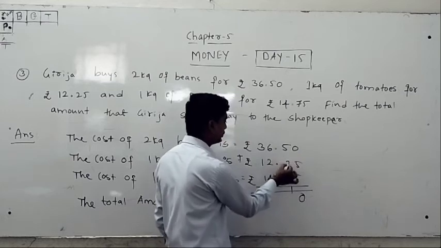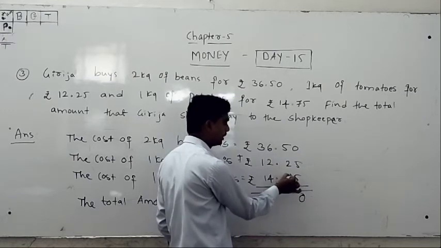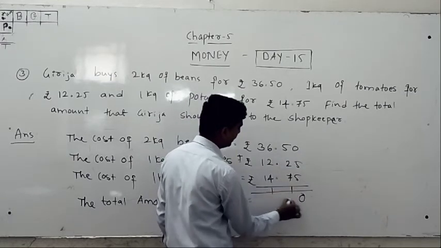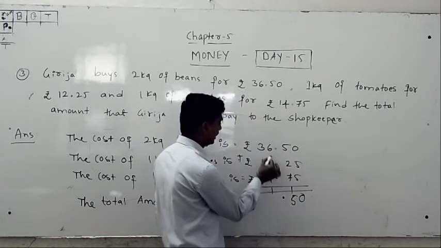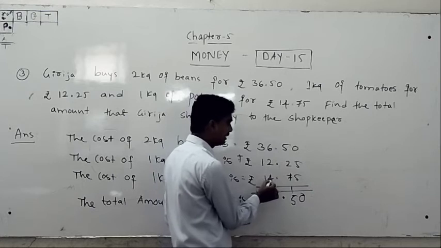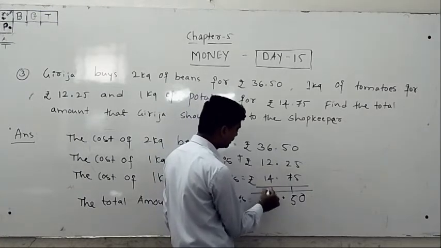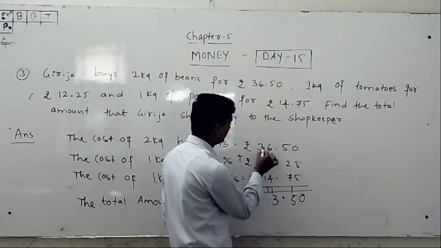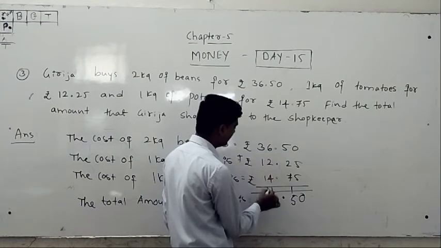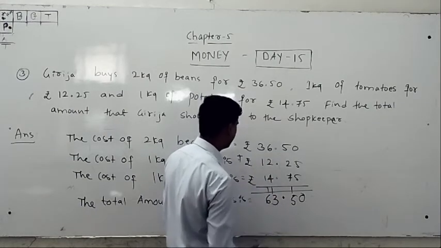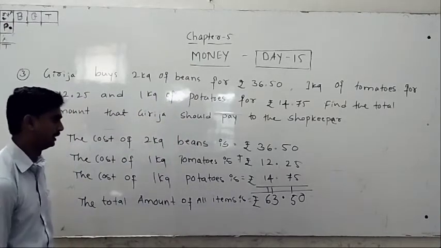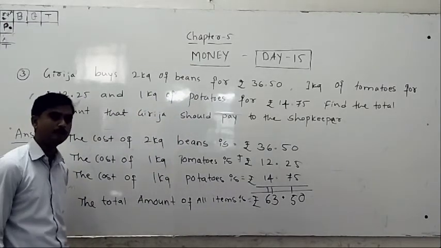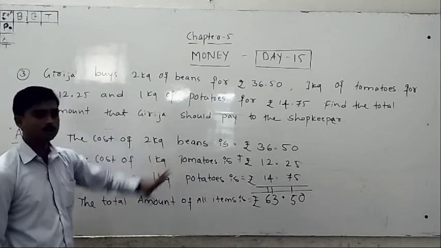Then 5 plus 2 7 plus 7 14 plus 1 15. Then point below point. Then 6 plus 4 10 plus 2 12 plus 1 13. Then 3 plus 1 4 5 6. 63.50 rupees. 63.50 rupees given to the shopkeeper.